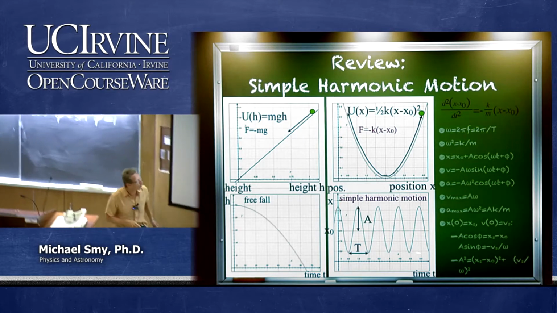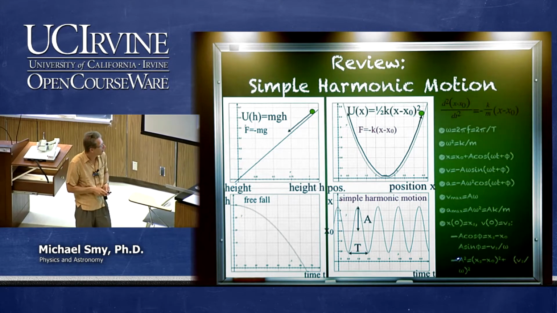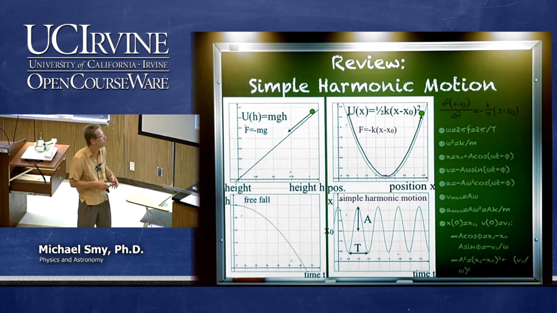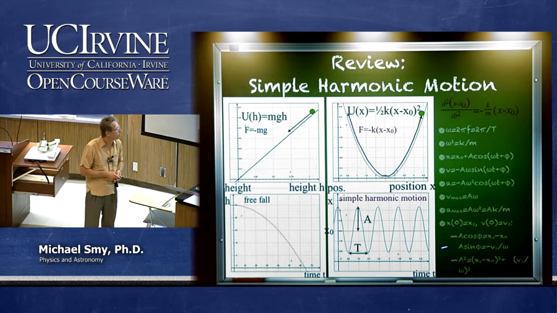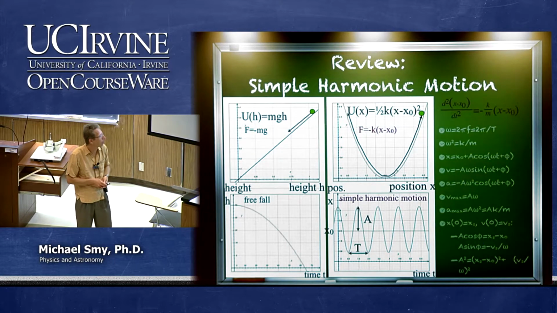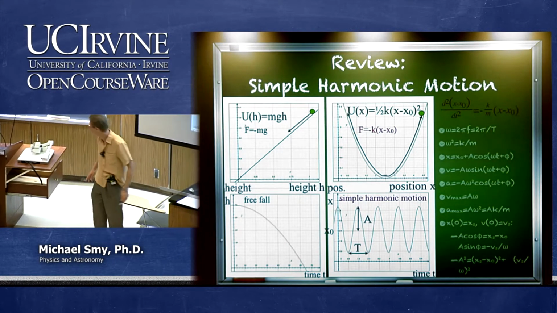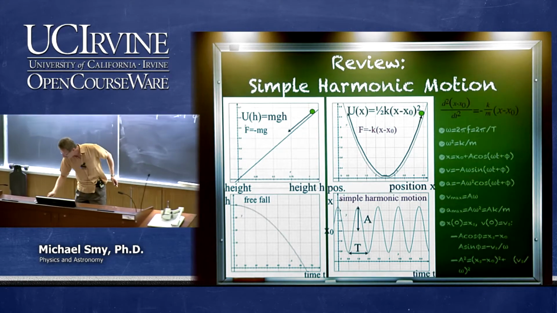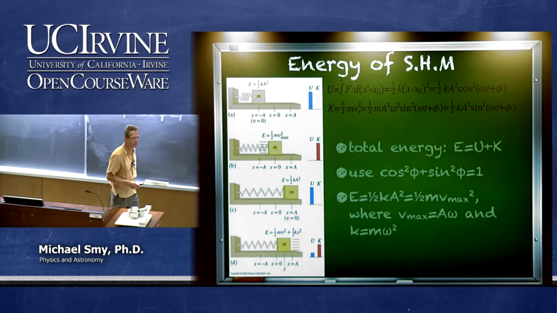So if we square the first equation and the second equation, then we get this relation that A squared equals xs minus x naught squared plus vs over omega squared. And the ratio of those two equations relates the tangent of the angle to xs and vs and omega. So so much as far as the review is concerned.